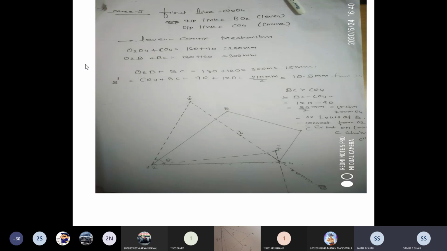After that, we proceed for the B double dash. We get the B double dash with the help of BC and CO4. We know very well that in BC and CO4, BC is higher than CO4.